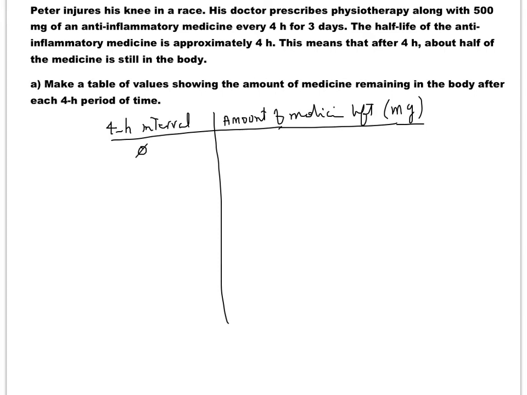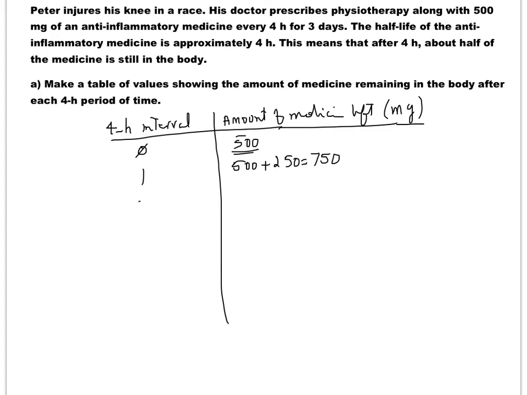Initially, the 4 hour interval is 0, so I have 500 milligram. Then after 1 4 hour, he is going to take 500 milligram, and half of this 500 is gone, so there is only 250 left.